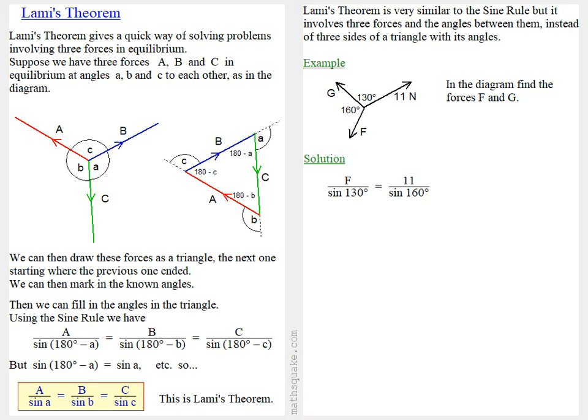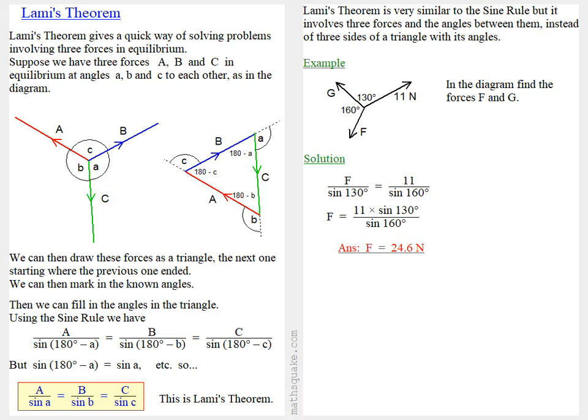F over the sine of the angle opposite, which is 130, equals 11 over the sine of the angle opposite, which is 160. If we multiply both sides by the sine of 130, we get F is 11 times sine 130 over sine 160, which tells us F equals 24.6 newtons.